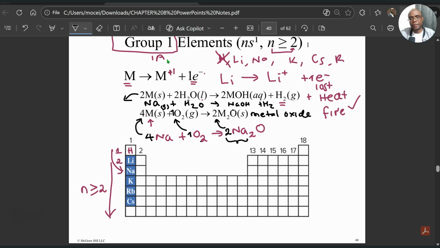I have 1 hydrogen here, 2 hydrogens on the left, and on the right, not 2, I have 3. There's 1 here and 2 there. So I have to put 2 here, and I have to put 2 here and here to balance everything out. Now, if you check, you have 2 oxygens, you have 4 hydrogens, and everything is good. So you get sodium hydroxide, which is soluble, so we say aqueous.